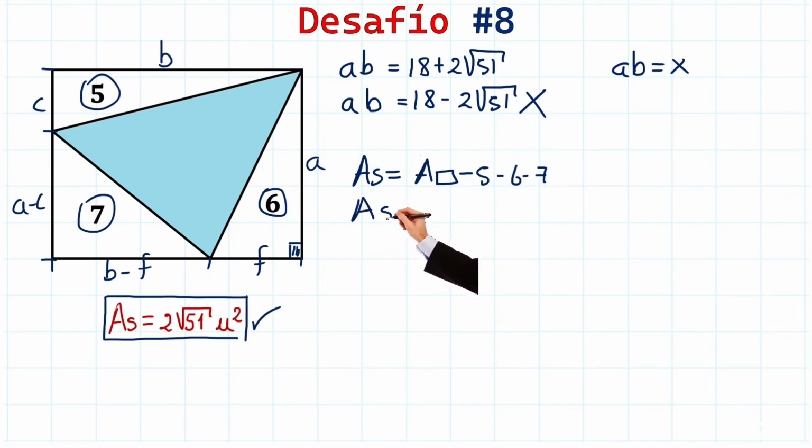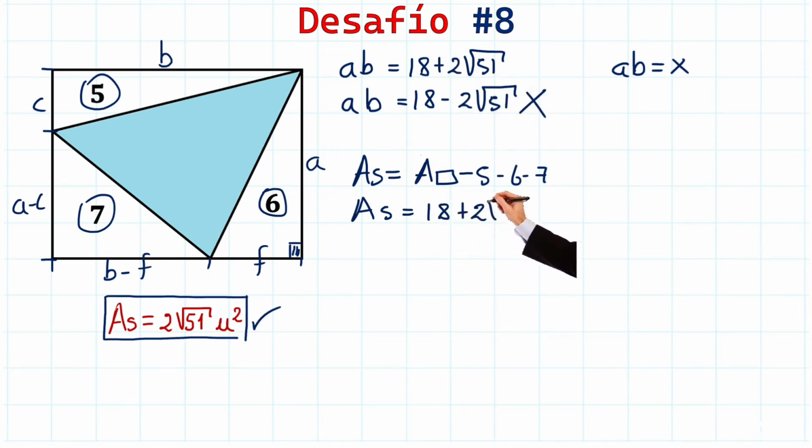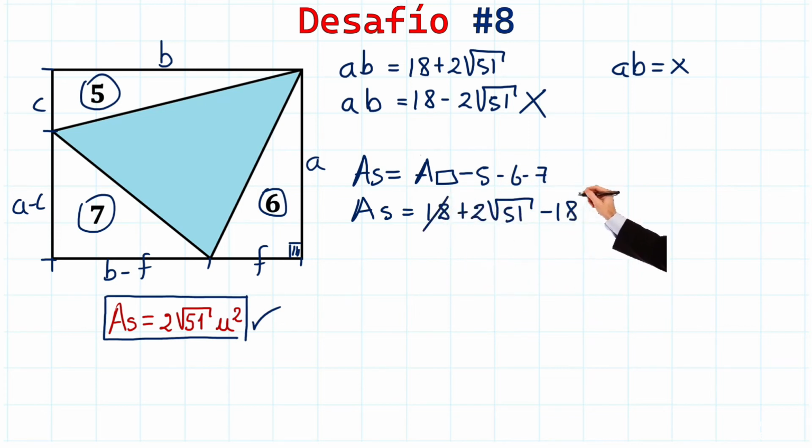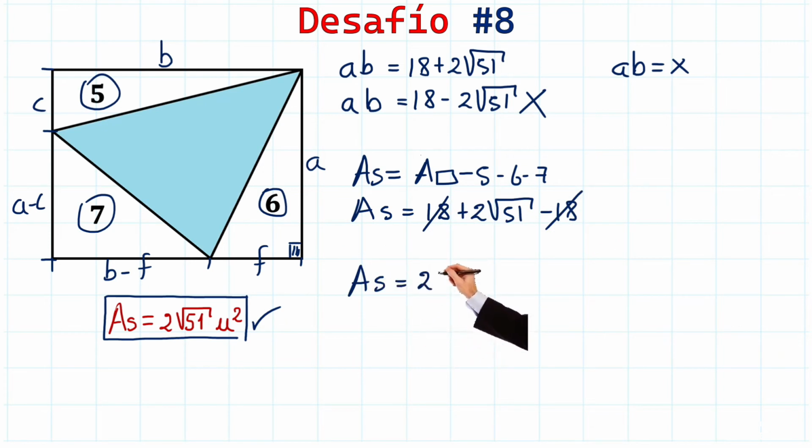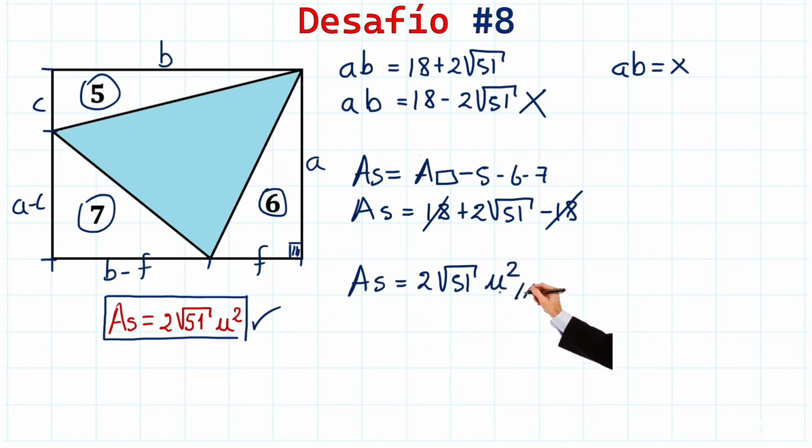Very well, the shaded area is going to be equal to the area of the rectangle, which is this one here, 18 plus 2 times the square root of 51, minus 5 minus 6 is minus 11 and minus 7 is minus 18. Okay, and pay close attention. 18 over here and minus 18 over there. What does that give us? Ladies and gentlemen, the shaded area is equal to 2 times the square root of 51 square units, as we predicted here.